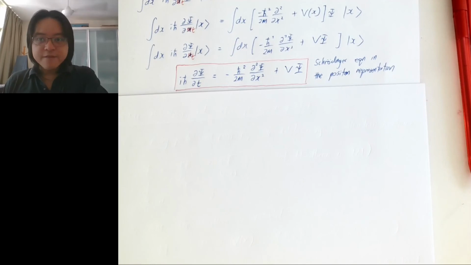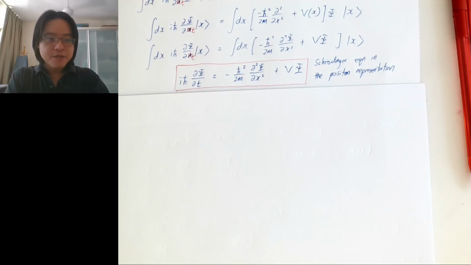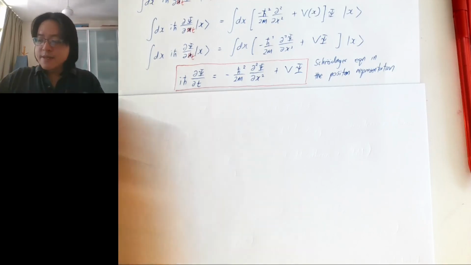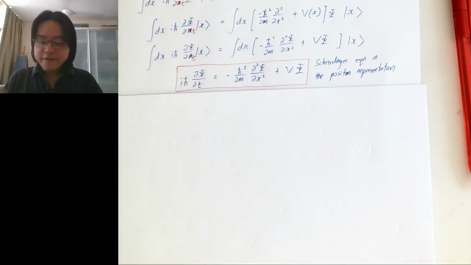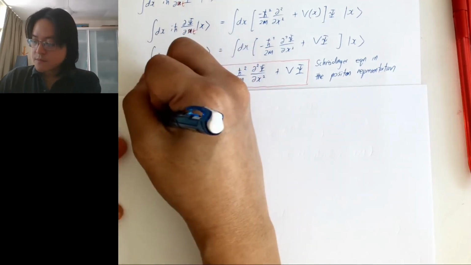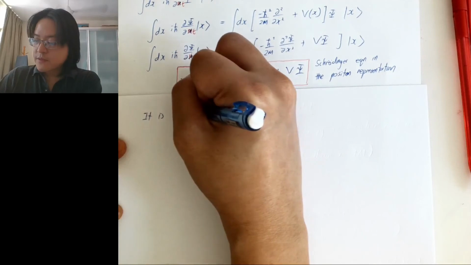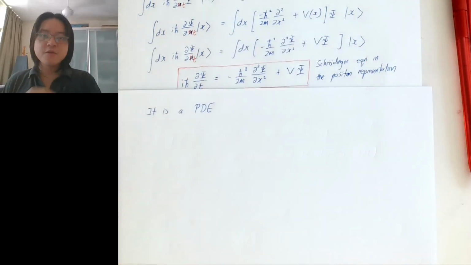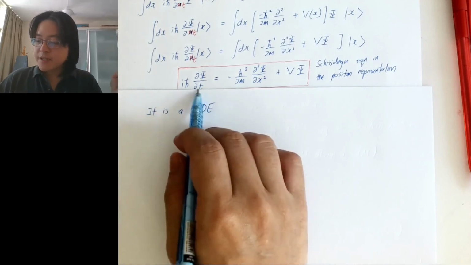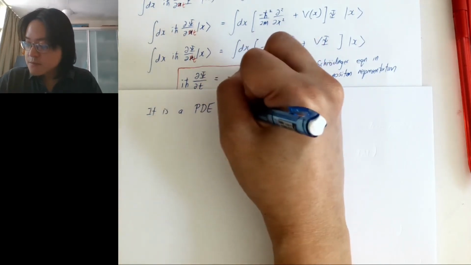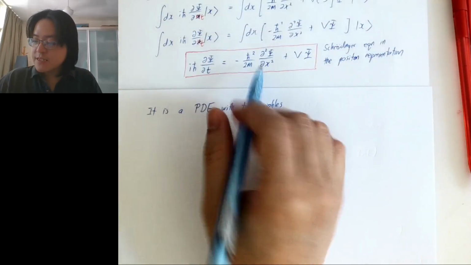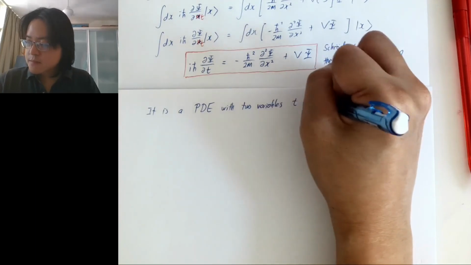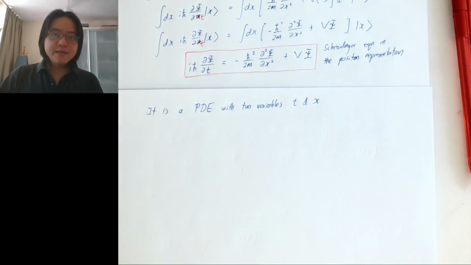So we have derived this Schrödinger equation, but at the moment what we have is a partial differential equation, a PDE instead of an ODE, involving two variables. It is a function of t and a function of x, so it will be difficult to solve straight away.